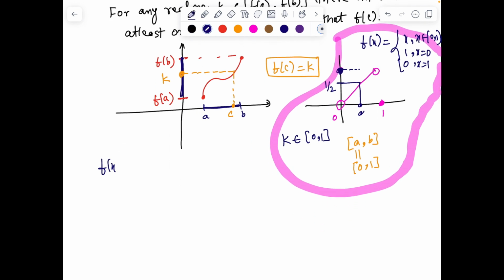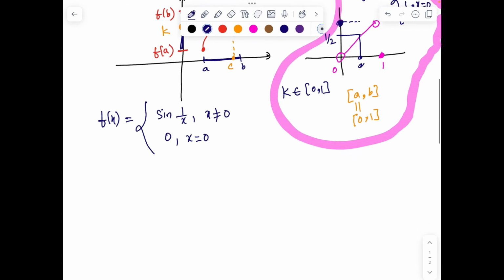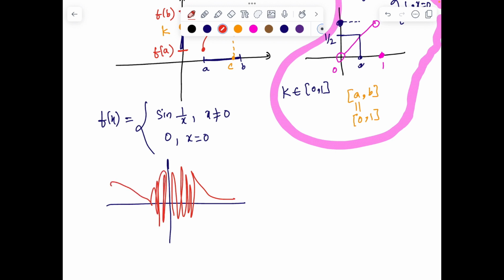You can give another function example also. For example, f(x) equals sin(1/x) for x not equal to 0 and is 0 for x equal to 0. Now clearly you can see, sin(1/x) will behave something like this in the vicinity of 0, because it will be oscillating. And moreover it is an odd function, so the nature will be something like this. Just the rough nature I am showing you.